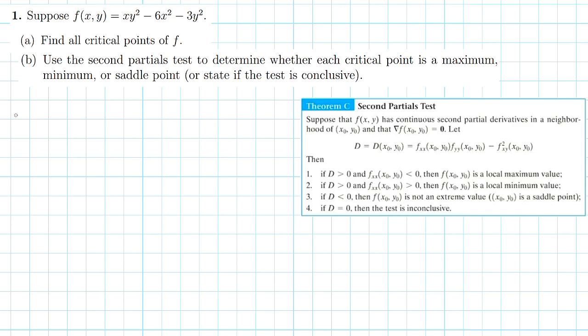So the first case is at the critical point 0 comma 0. First, what is our discriminant?